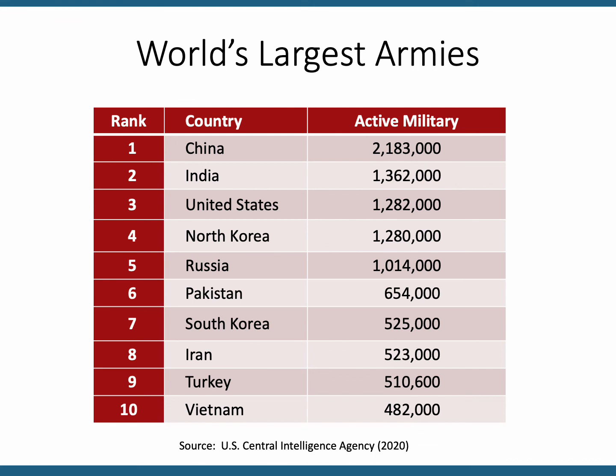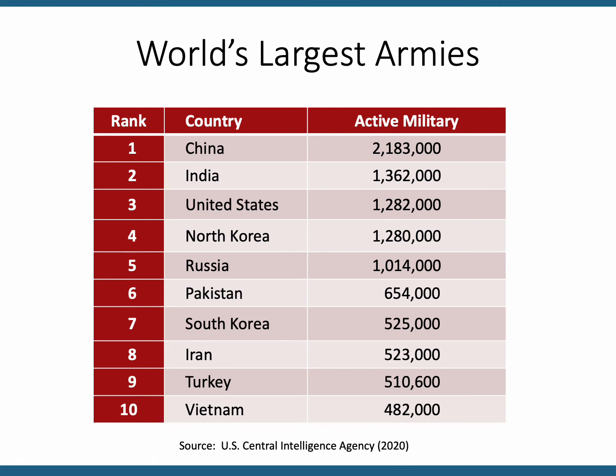This table shows you the largest armies in the world. Now, this is numbers of soldiers. So it's no surprise that China would be number one and India would be number two. They are the largest two countries in population. They each have about 1.4 billion people. We are number three in population size. We have 340 million people.